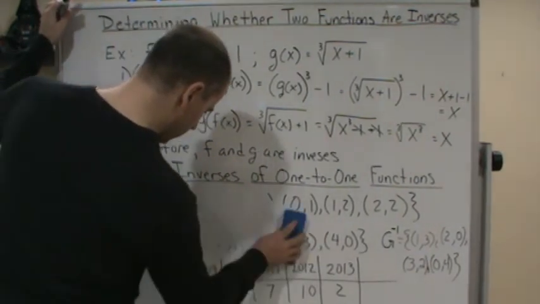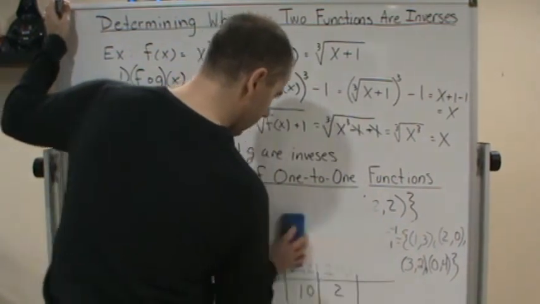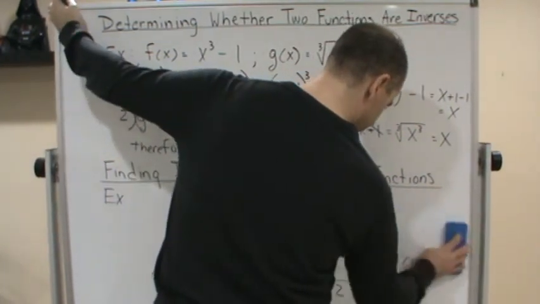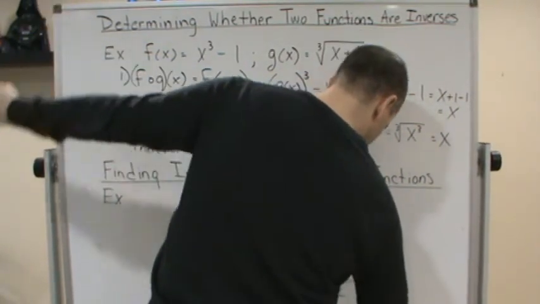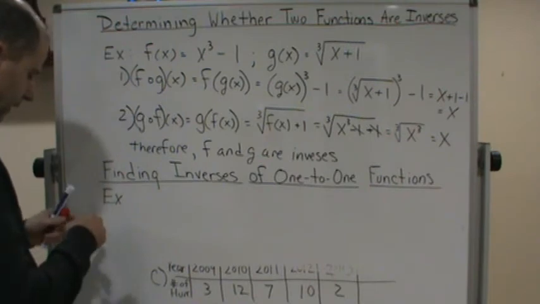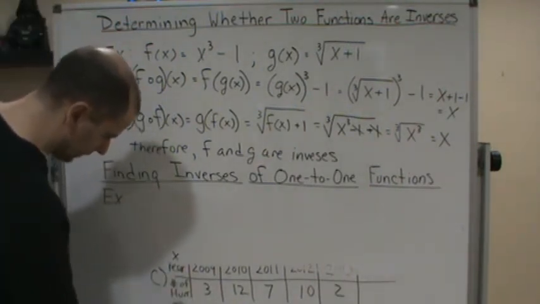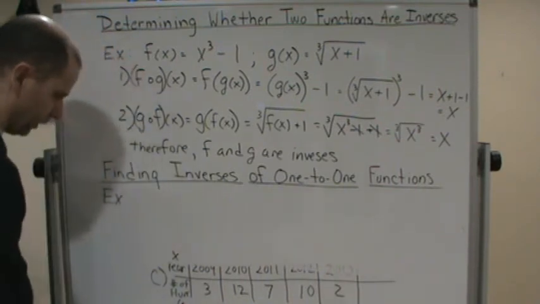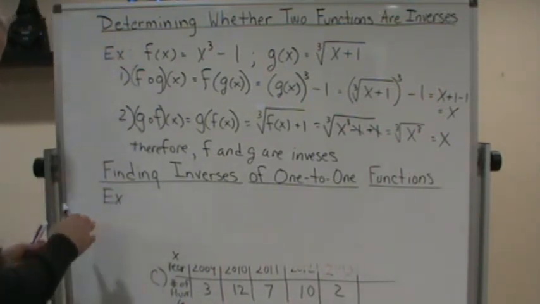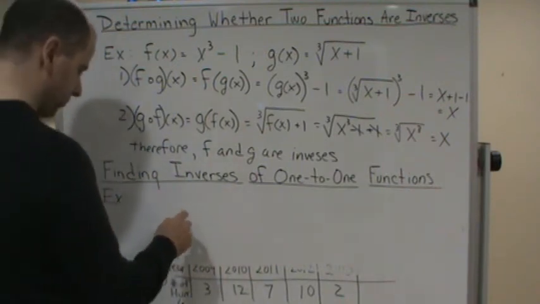Let me show you how we would write the inverse relationship of the table. If this is our x, the independent variable, time is always the independent variable, and this would be our y, well, now we're going to flip those. Instead of x comma y, we're going to write y comma x.